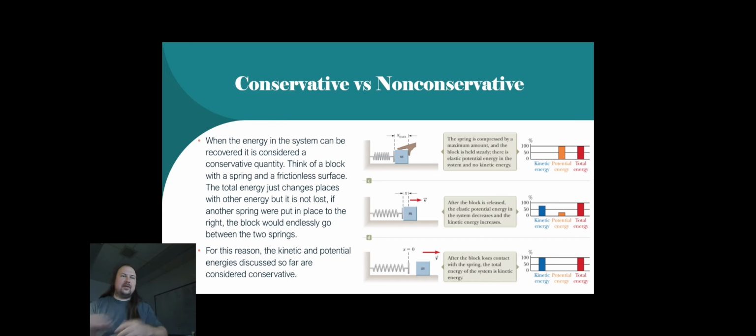It would go back and forth. So for this reason, kinetic and potential energies are considered conservative. Lucky for us, those are the only ones we know right now. If everything is frictionless, we can easily gain back the energy that we have.